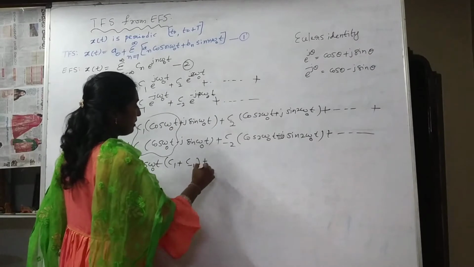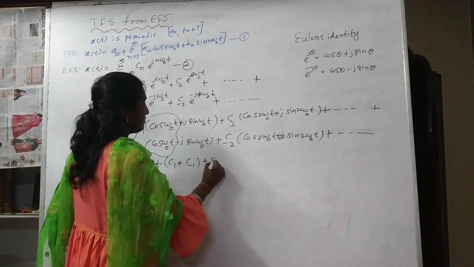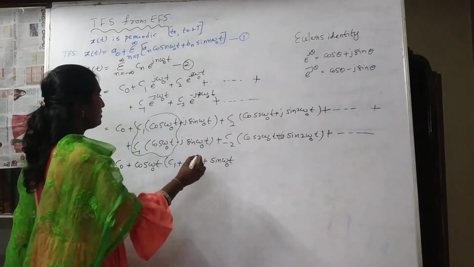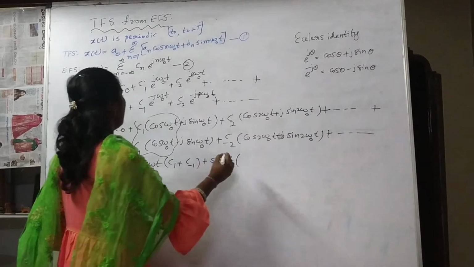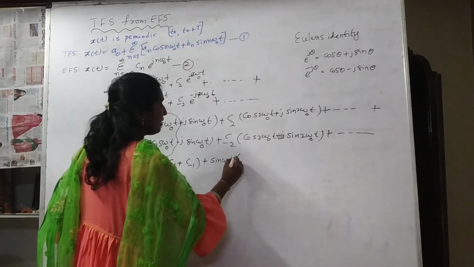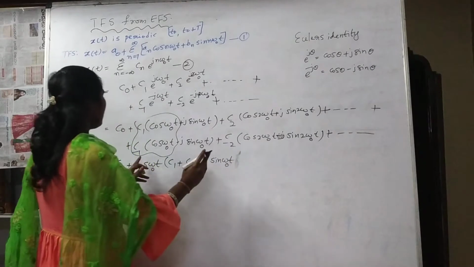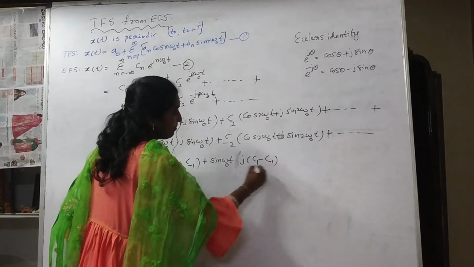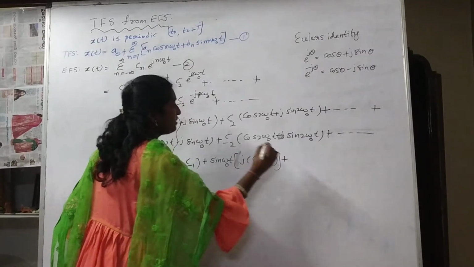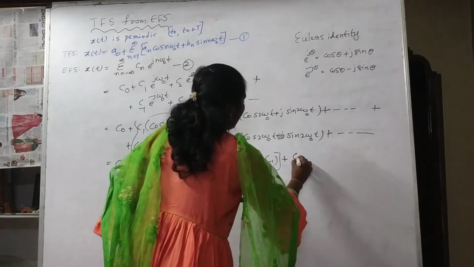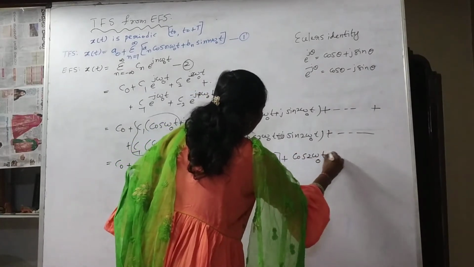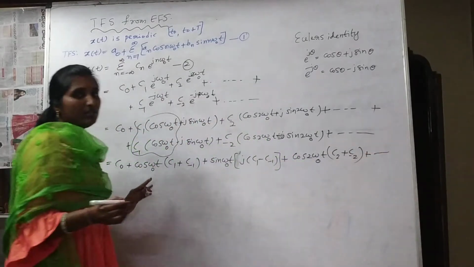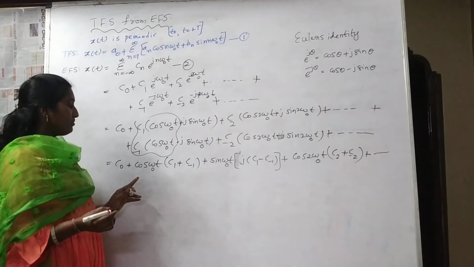Similarly, take sin omega naught t common, and then what will be there? j is also common, that is j of C1 minus C minus 1, like that. Take cos 2 omega naught t also common, C2 plus C minus 2, like that. Take all the related common terms.